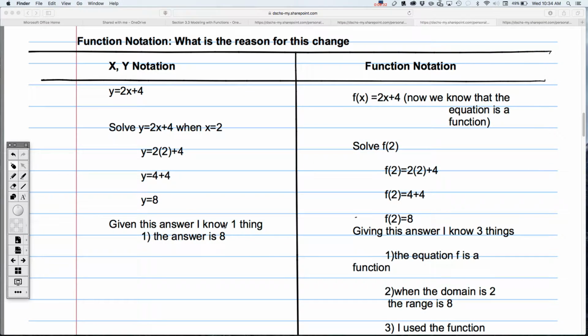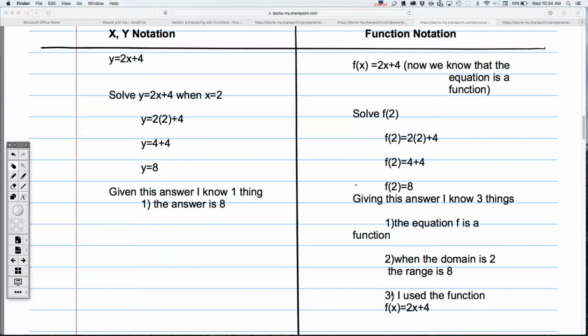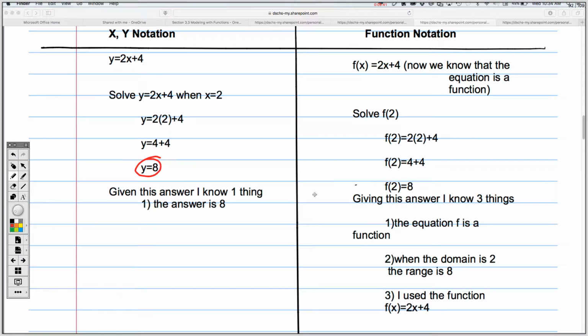Let me scroll down so we can read the third reason. I use the function f of x equals 2x plus 4. So once again, look at the differences based on the answers. This only gives me one set of information. This gives me 3 sets of information. So we know that it's a function. We know that I used my domain and range.